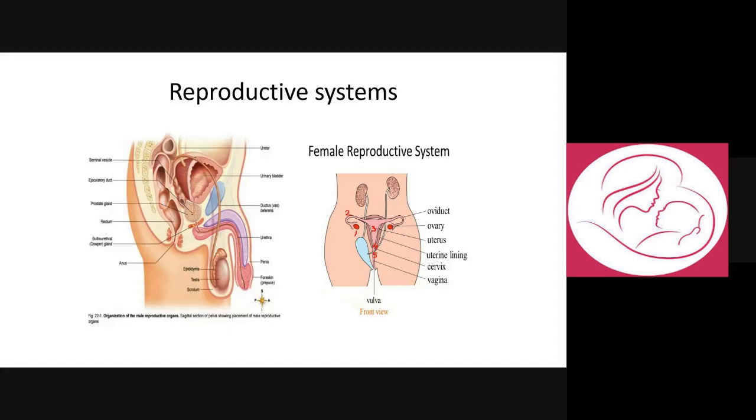So the first problem can be associated with this area itself, which is not producing good quality sperm here. The second problem can be a blockage in this duct itself, at any one of these places.